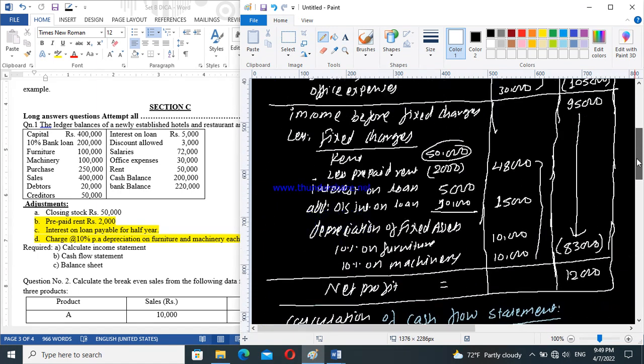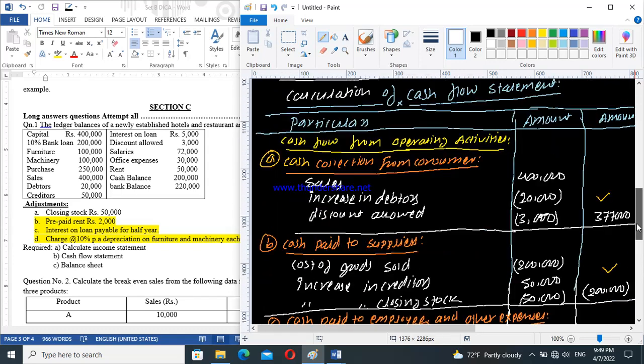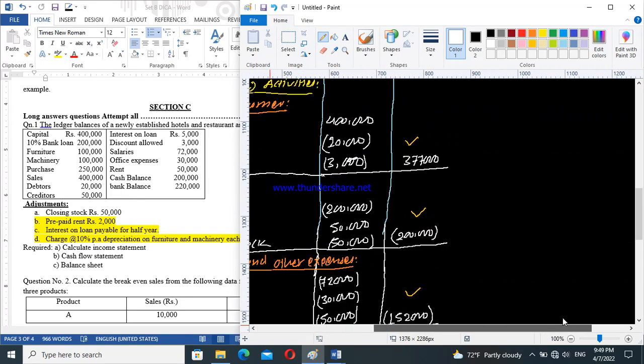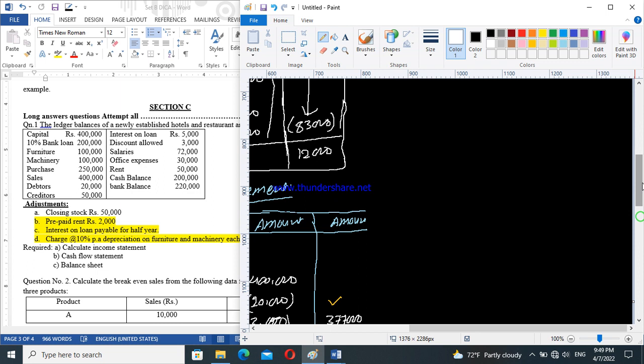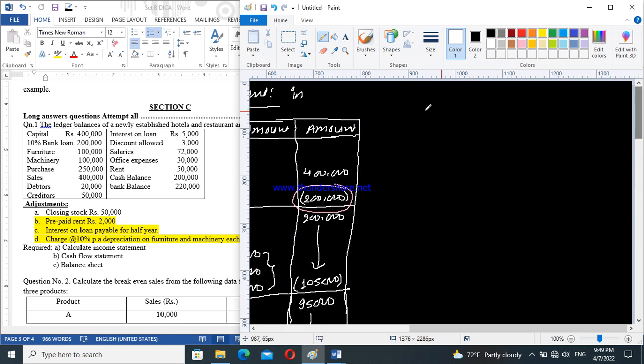Okay, now move on. Balance sheet. Calculation of balance sheet.